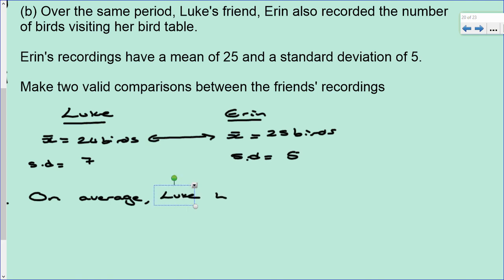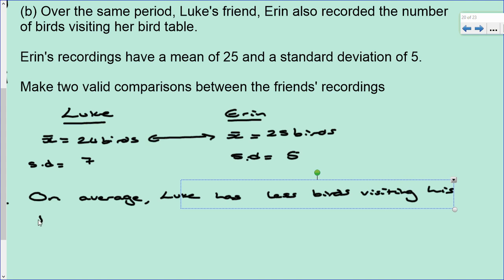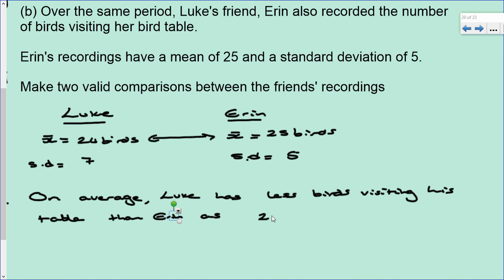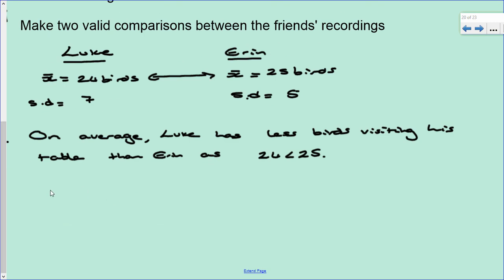Luke has less birds visiting his table than Erin, as 24 is less than 25. Remember, it doesn't matter what order you do your comparison in. You could easily have said it the other way around: Erin has more birds visiting her bird table than Luke, as 25 is greater than 24.